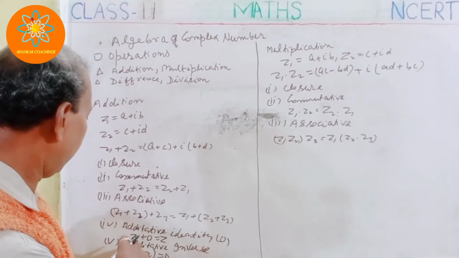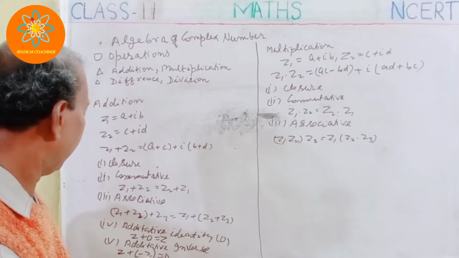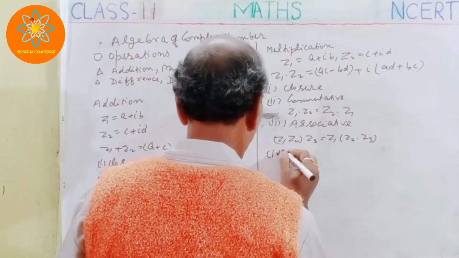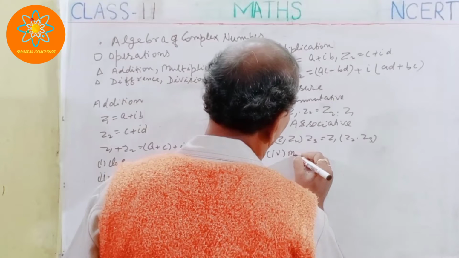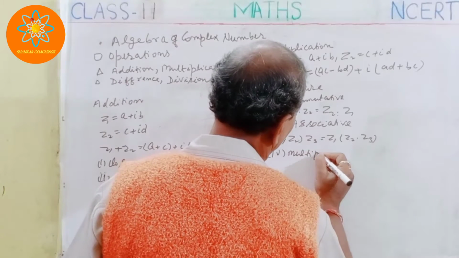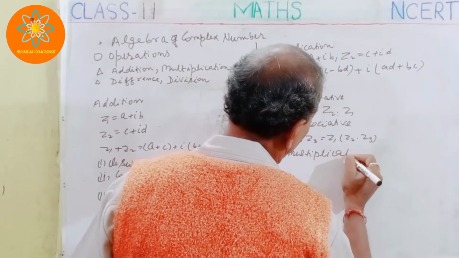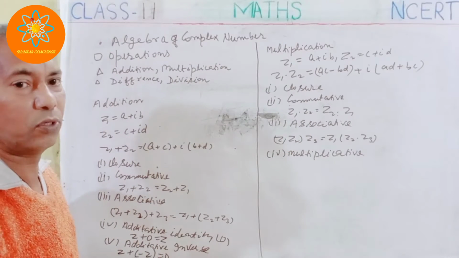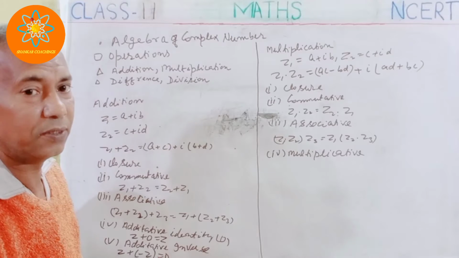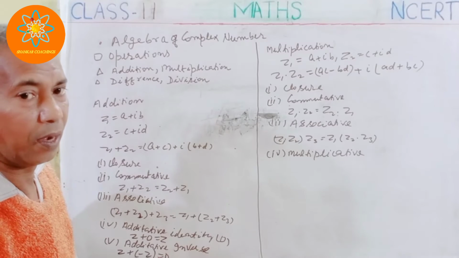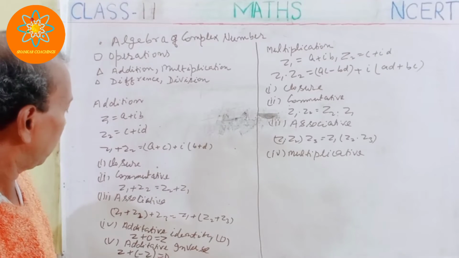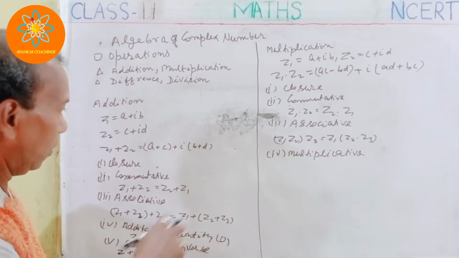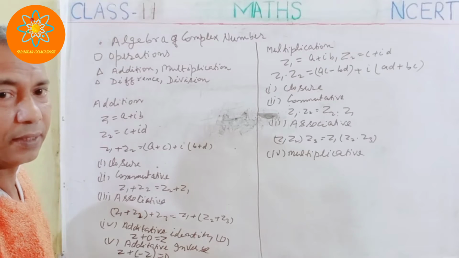Then the next one is the identity. Here we will take the multiplicative identity. In the additive case, the identity is 0. But here, the multiplicative identity is how much?